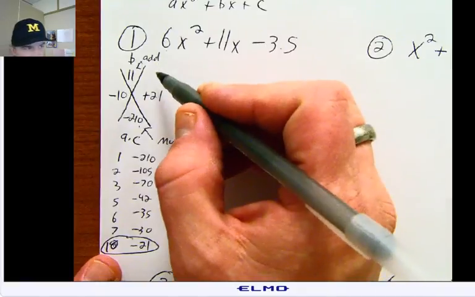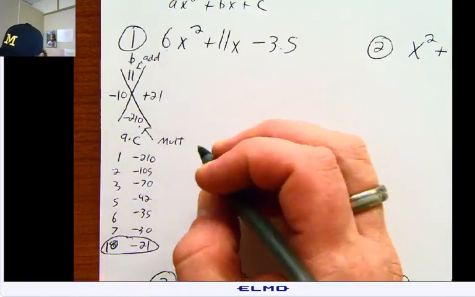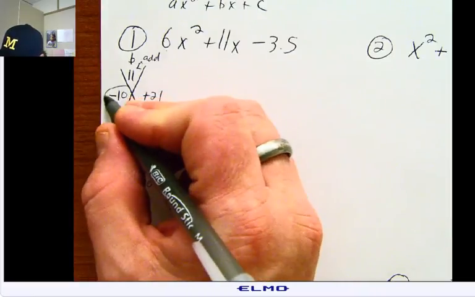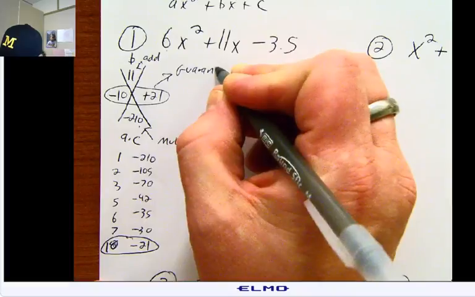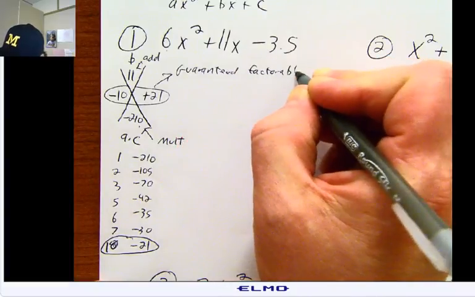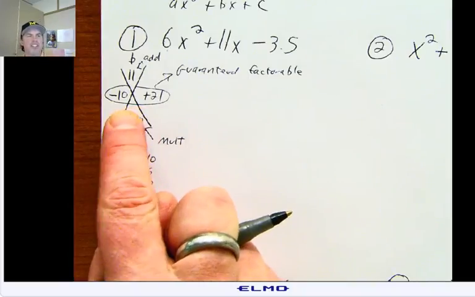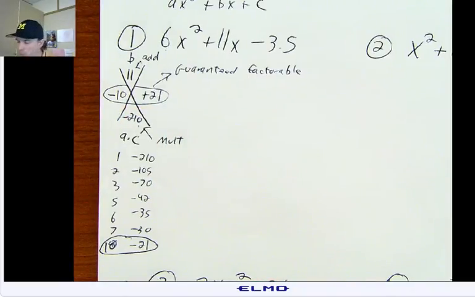But with Elliott Factoring, the minute you've filled up this box, it guarantees that it's factorable. So guaranteed factorable at this point. And if you can't come up with two numbers to fit this mold, then it's not factorable, and you can move on to the next problem.